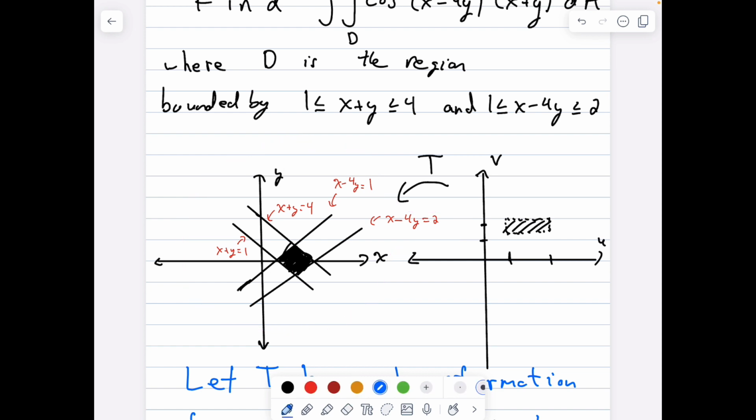You're going to take a region in some other axis, in this case the UV plane, and you're going to transform it to the region that you see here. A lot of people think it's going backwards, that you take the region here and you go this way. We're not going to go over the theory behind that, but if you look at the theory, it's asking us to do the opposite.